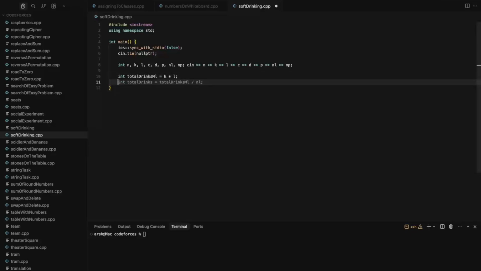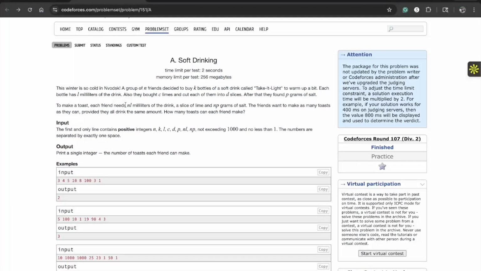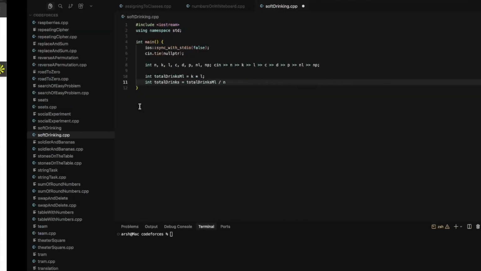Next, we will find how many drinks they can actually make, or how many toasts they can make, which we can just say total drinks is equal to total drinks in milliliters that we had, divided by NL, which was the milliliters of drink each toast needs or each friend needs to make a drink.